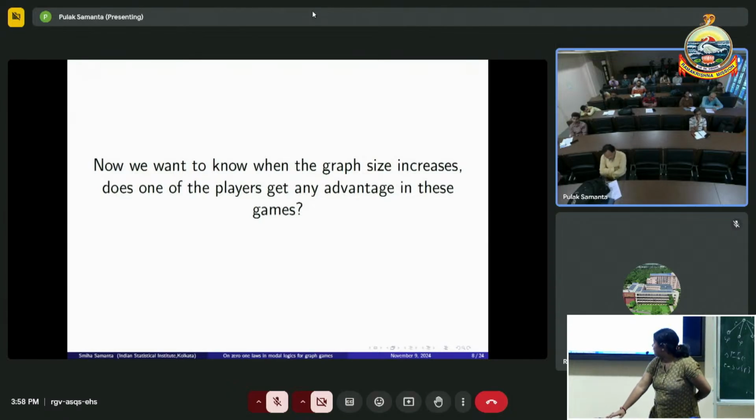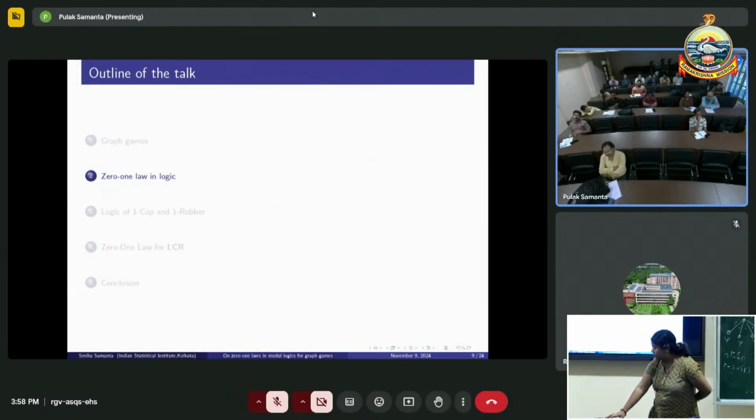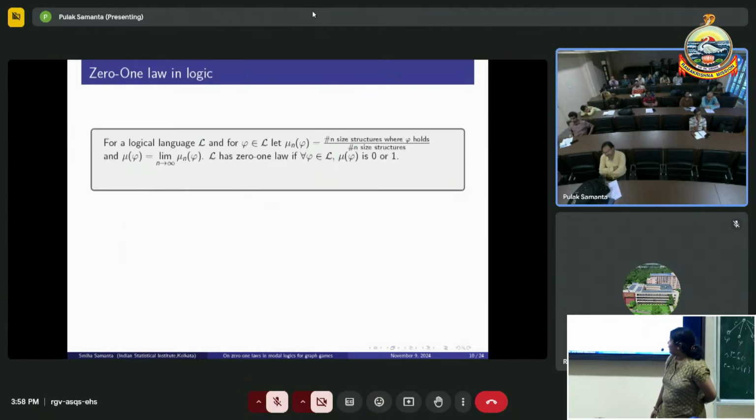So before going into that, we'll first discuss what the 0-1 law in logic is. A logical language satisfies the 0-1 law if, taking the probability of an n-size structure satisfying a formula as mu_n(phi), the limiting value of mu_n(phi) goes to either 0 or 1 for any formula in this language.